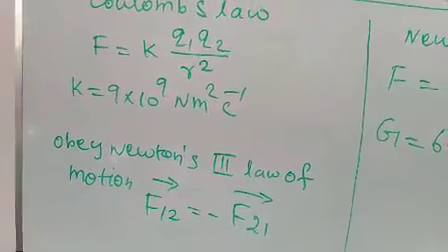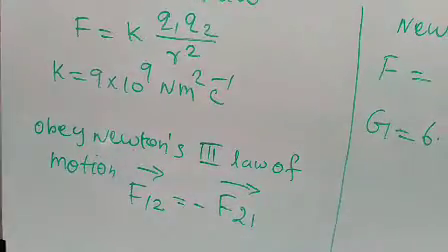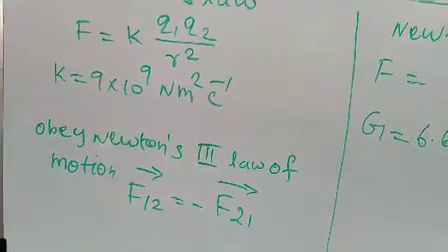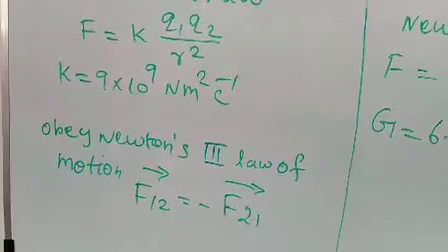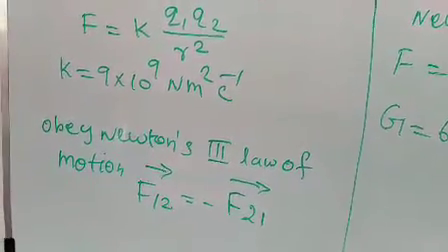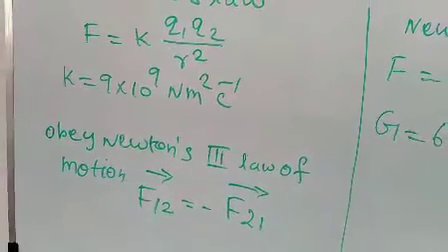Force exerted F12 in one direction. F21, charge 2 acting on charge 1. Force exerted in the opposite direction. So both forces are equal but in opposite direction. F12 vector is equal to minus F21 vector. This is the vector form of Coulomb's law.